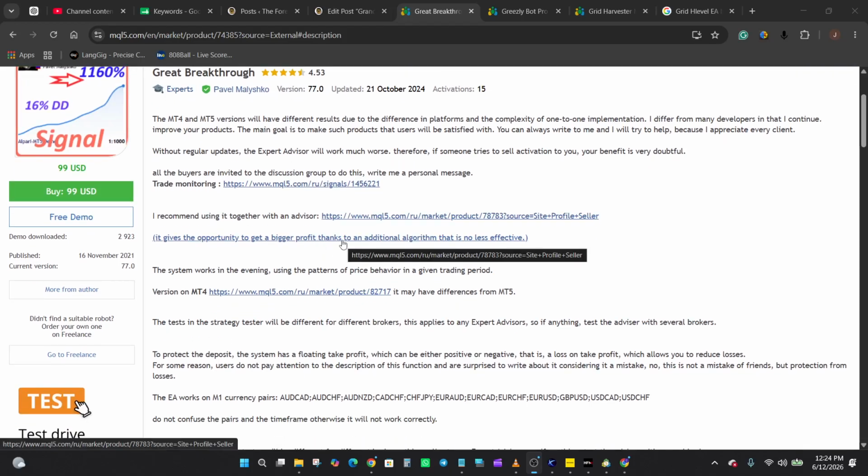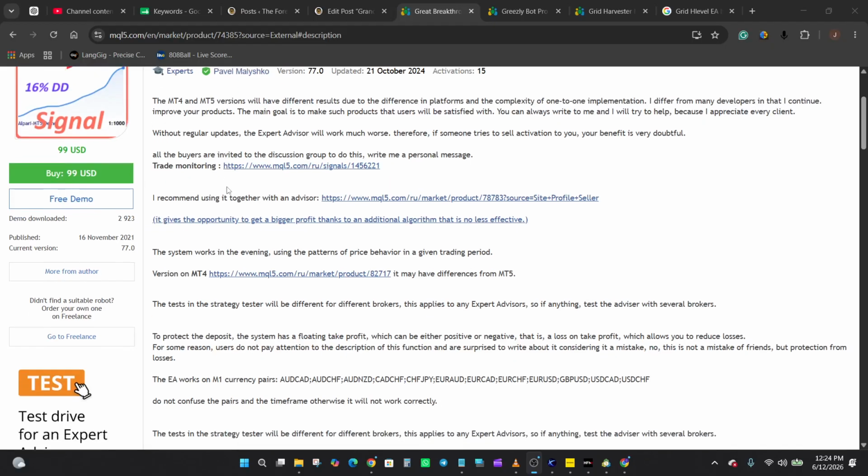As I scroll through the description, the developer emphasizes ongoing updates and continued development of the EA. There is also a recommendation to keep the software updated, as newer versions may include improvements that affect overall operation.